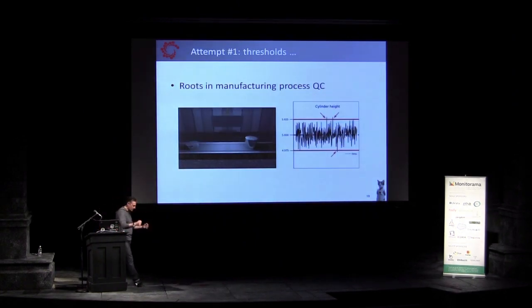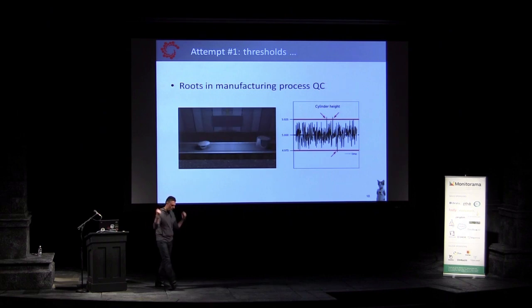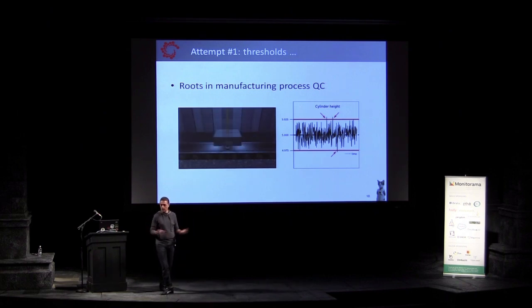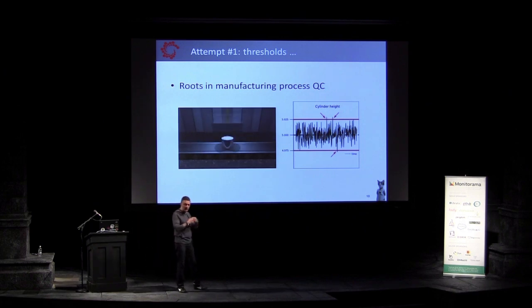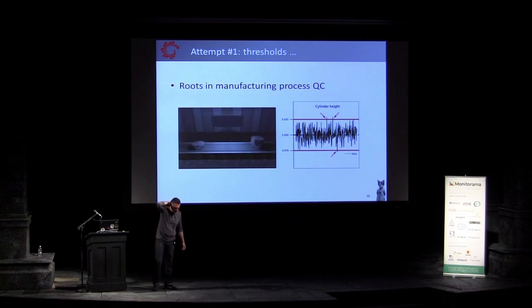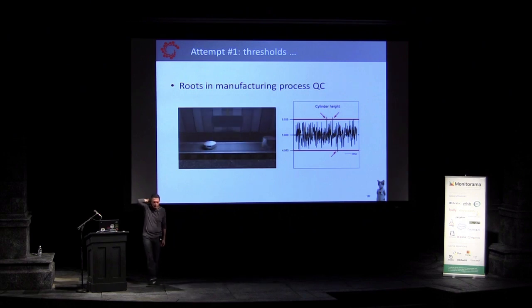So then we said, all right, we're going to turn things over to the machines. We're going to do automated stuff. Let's look around because we're smart people. We don't want to reinvent the wheel. So let's look around and see who else is doing this anomaly detection stuff. And the first thing that we notice is that these manufacturing guys are pretty smart. They've been doing it for quite some time.